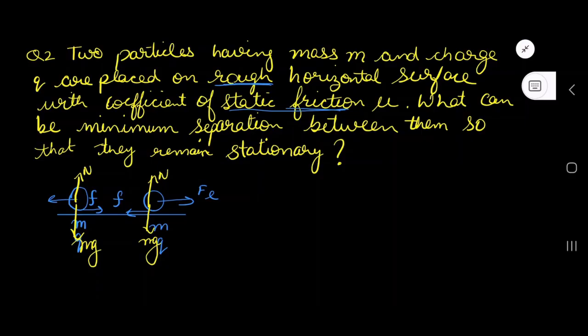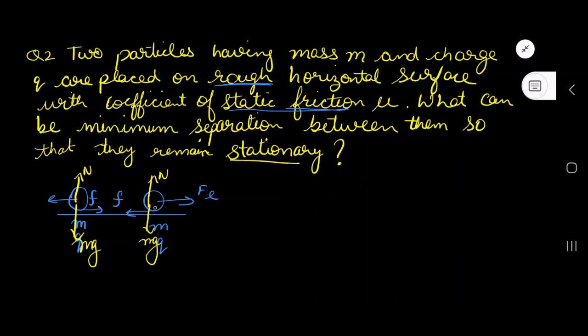In order to keep the horizontal direction also, means horizontal force also zero, so that no horizontal force will act, and our aim is to keep the particles in the stationary state. So if no force will act, there will be no motion of the particles.